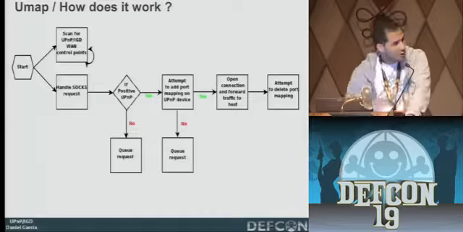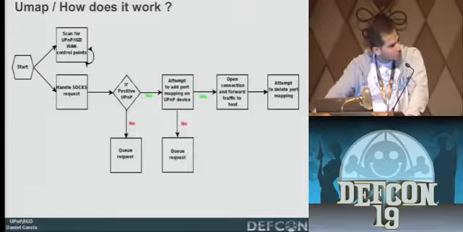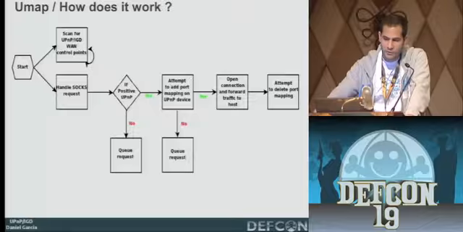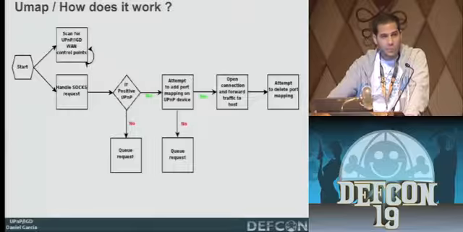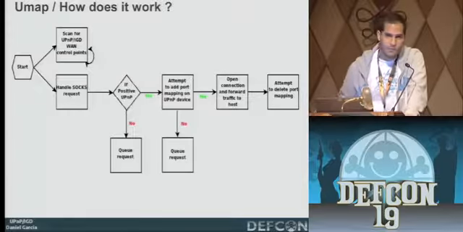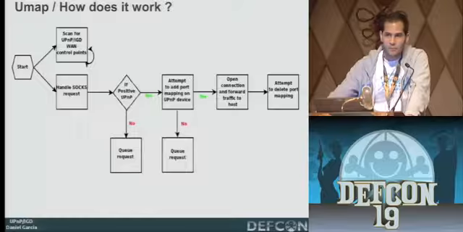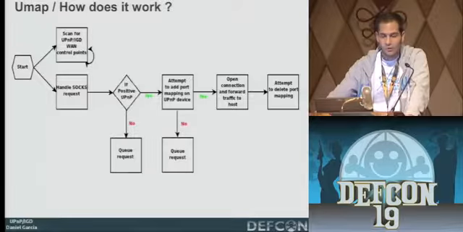So here's a flow diagram of more or less how UMAP works. It basically takes a list of IPs and starts scanning for open control points or UPnP devices. Once it receives a SOCKS request, if it has a positive UPnP device, it attempts to add a port mapping. Then it opens the connection and pipes the connection through to the SOCKS request, or the client that's making the SOCKS request.